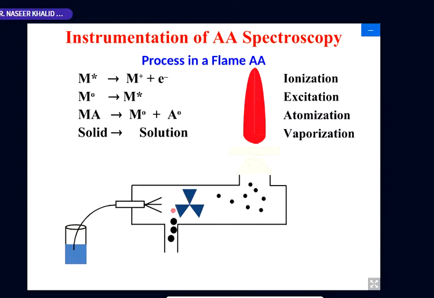It will allow only the uniform ones. The large ones will be remaining here. They will be going to waste material. And now only the almost uniform size particles are reaching this flame. Is it clear now?